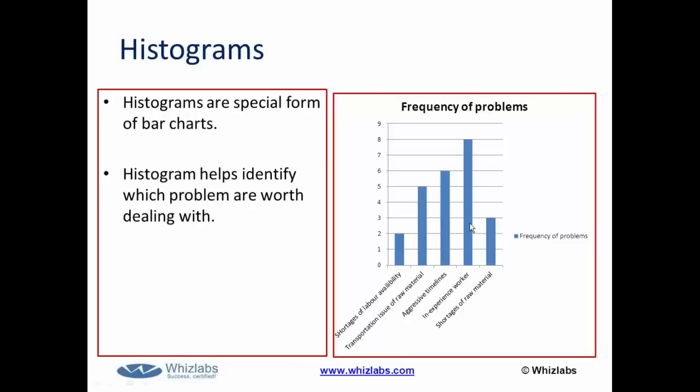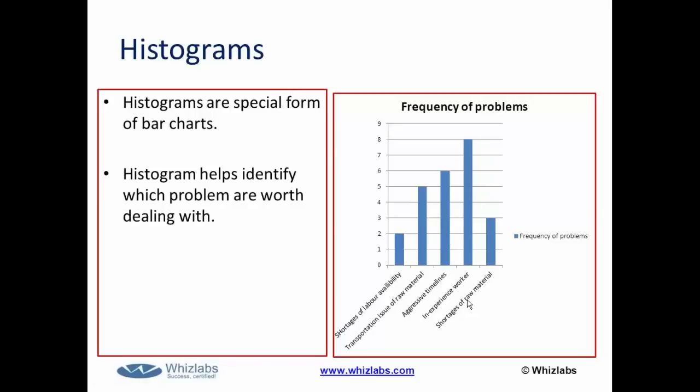So in case of inexperienced workers, which is the highest problem area in your project, by looking at the highest bar of your histogram you can identify that the inexperience of your workers is the problem in the project and needs to be handled first. So a histogram is nothing but a bar chart which graphically tells you which are the problem areas, or which are the multiple solution areas.